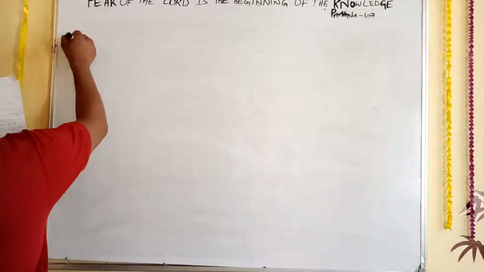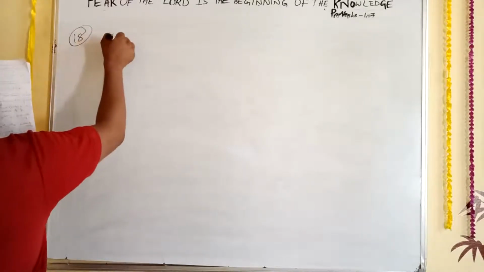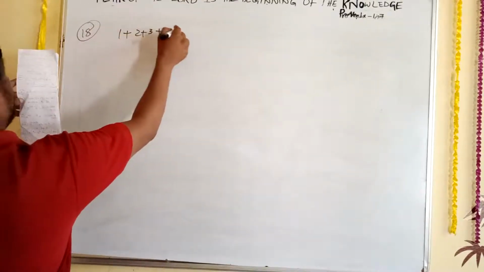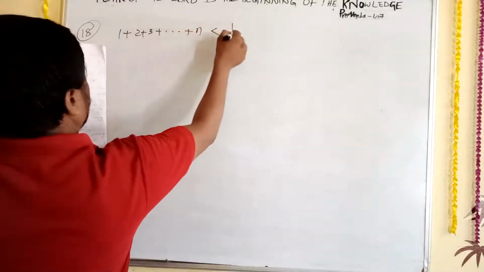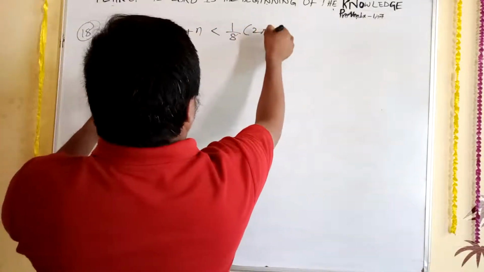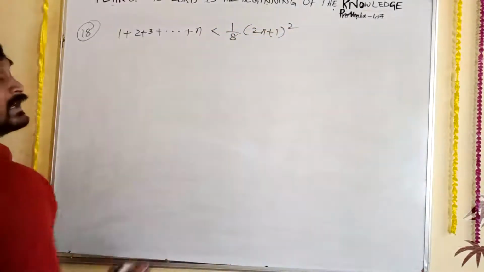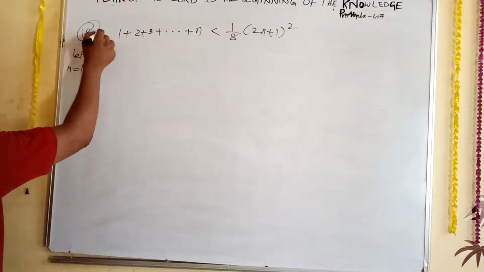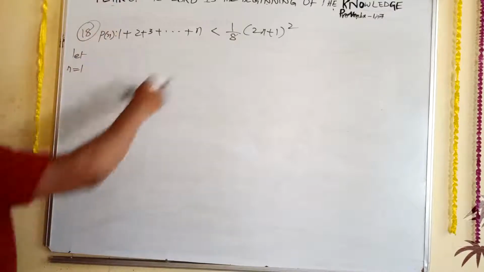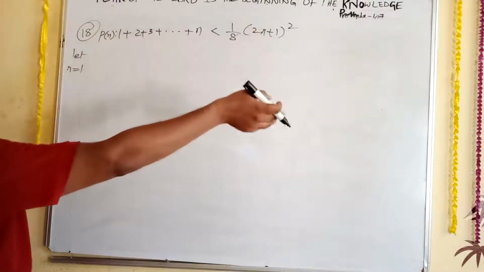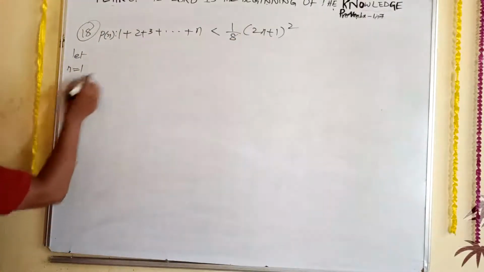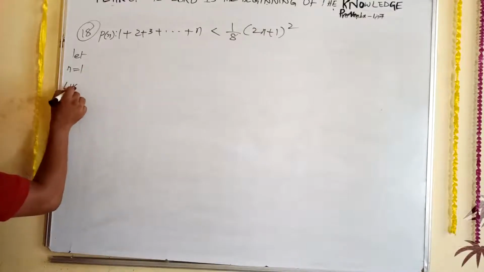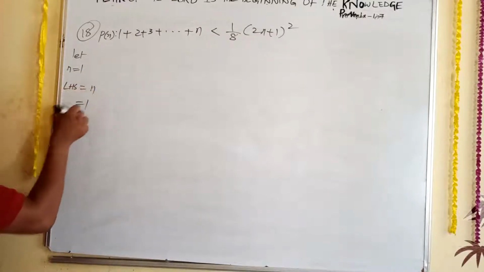So now in your 18th one: 1 plus 2 plus 3 plus and so on plus n is less than 1 upon 8, (2n plus 1) whole square. Check now carefully. Let n is equal to 1. This is your P of n. Here the less than symbol is there, so you need to get the answer in the less than manner. Now you can write here LHS is equal to, only n, which is nothing but 1.